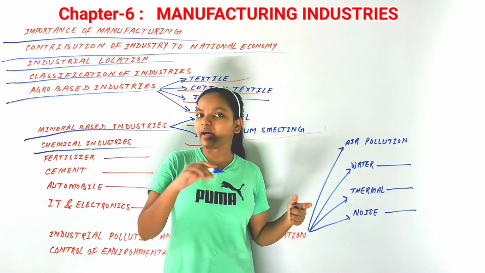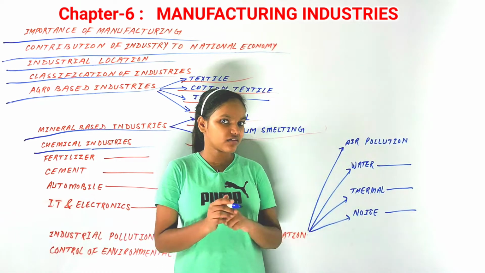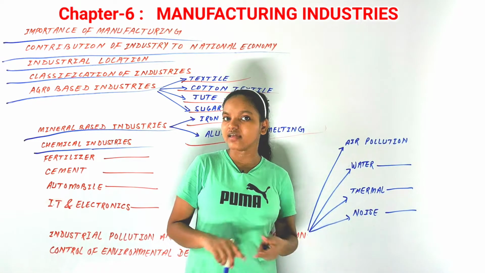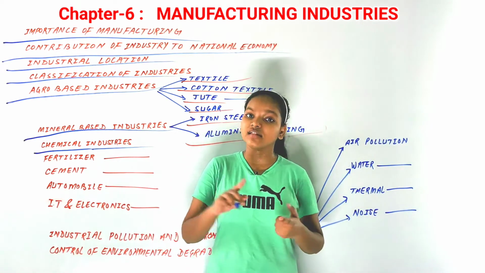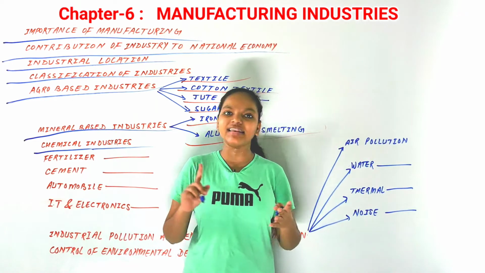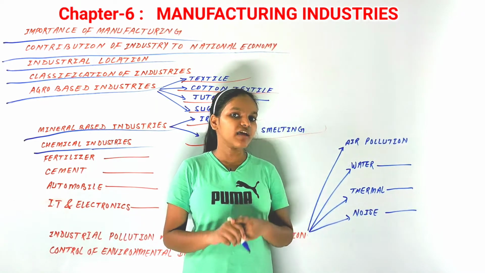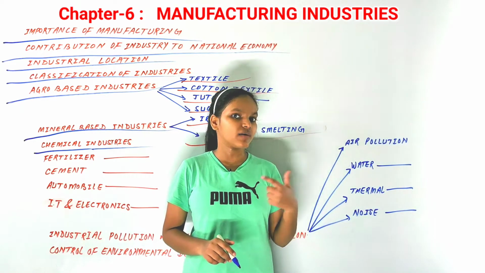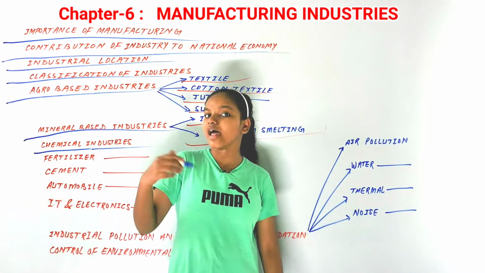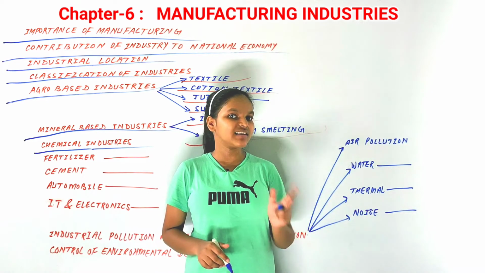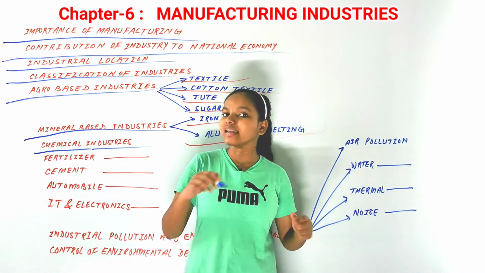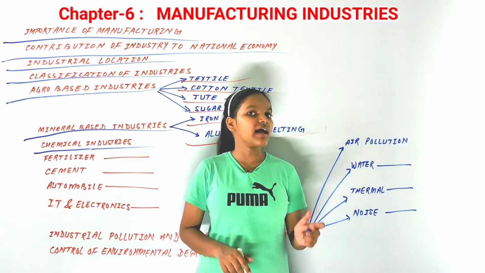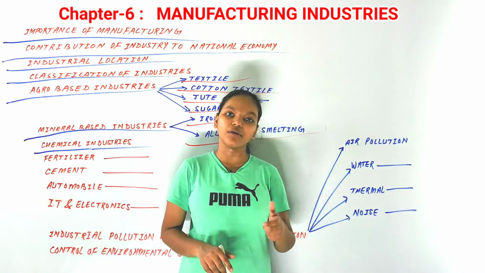Inorganic chemicals include nitric acid, which is used for making synthetic fibers, adhesives, paints, and dye stuffs. After that we have other inorganic chemicals, for example soda ash and caustic soda, and there are many others. So those are the inorganic chemicals.